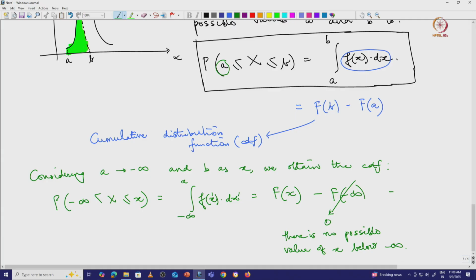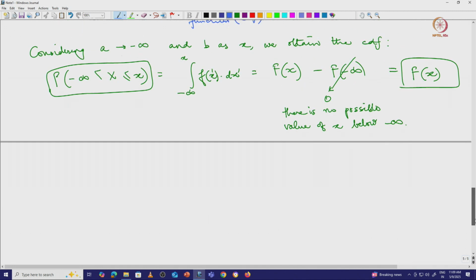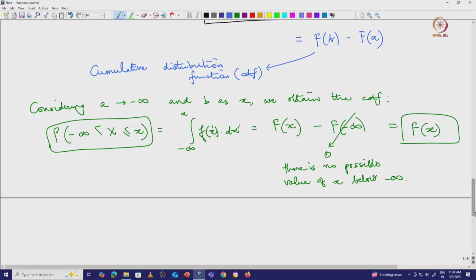Therefore, this becomes capital F of x. So the cumulative distribution function is simply the probability that the value of the random variable is less than small x. I hope this makes it clear what the CDF means.